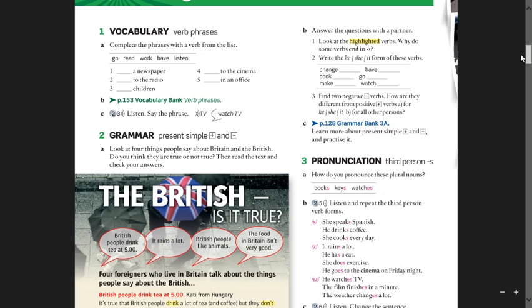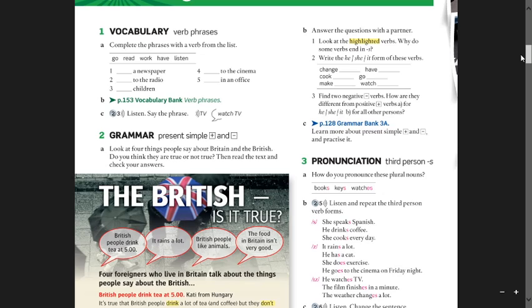When you finish that, go to the grammar bank part, okay? Grammar bank 12b, that is 3a on page 128. Let's go. Here you have the theory.